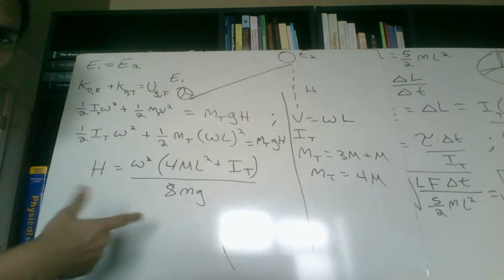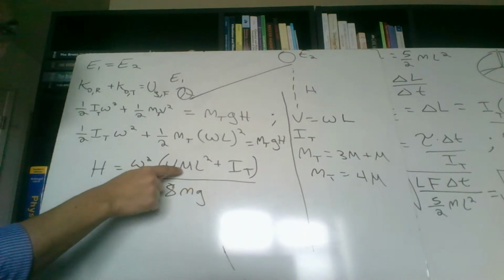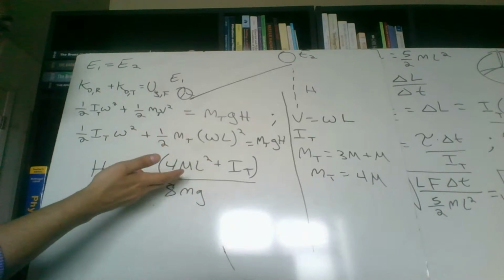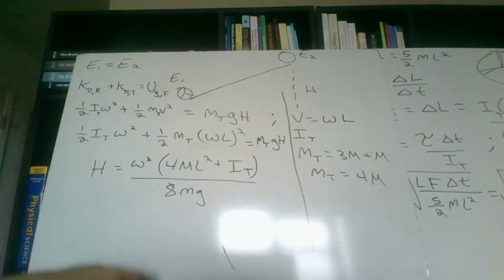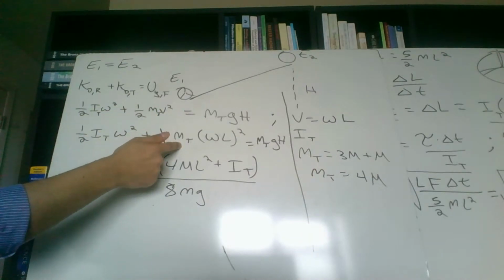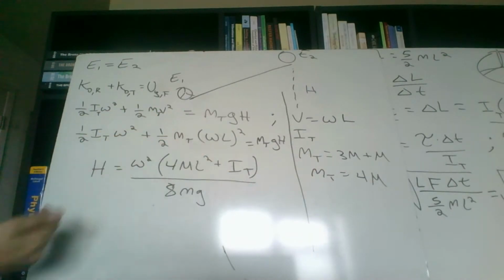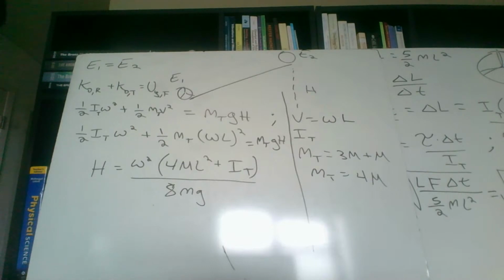Now, that's what you get when you replace the m totals with 4m. So you'll clean this up, you'll replace m total with 4m, and then this is the result you'll get at the end. So that's the height at the very top.